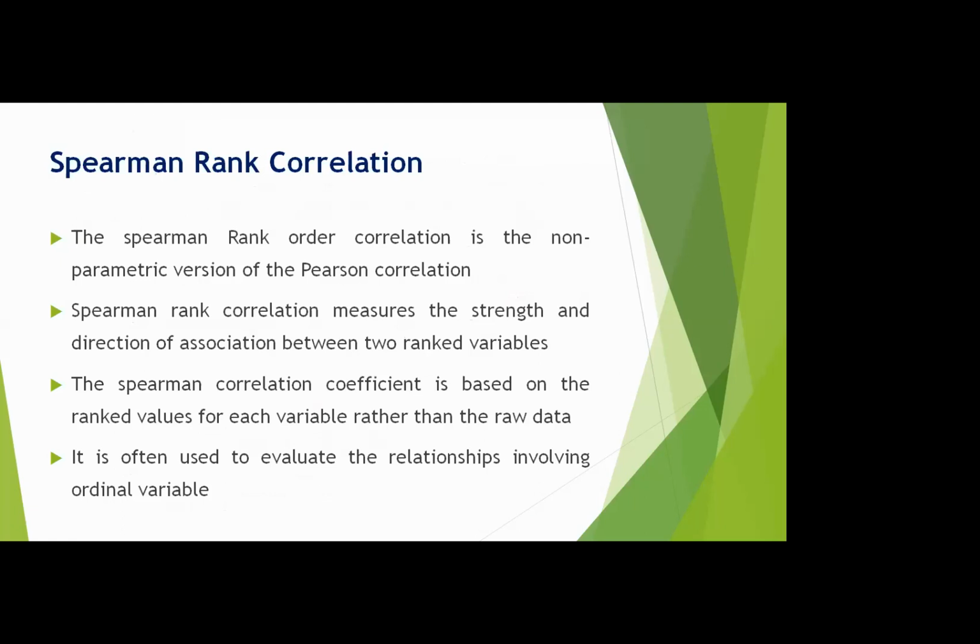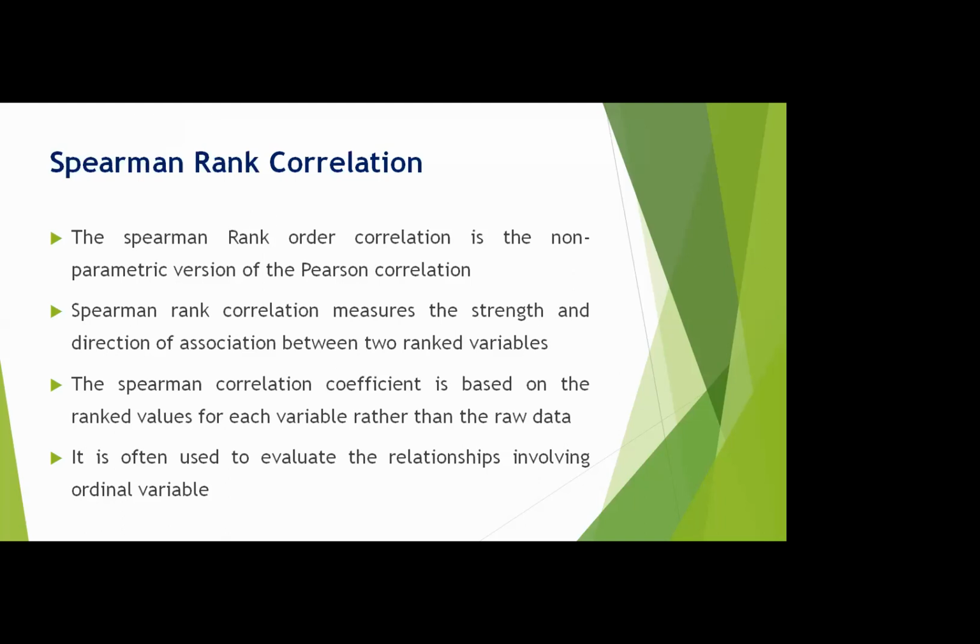Next is Spearman rank correlation. Spearman rank correlation is actually the non-parametric version of correlation analysis. If Karl-Pearson is the parametric version, the corresponding non-parametric test is the Spearman rank correlation. As it is non-parametric, we can use it if we are relating two continuous variables but the data does not follow normality.